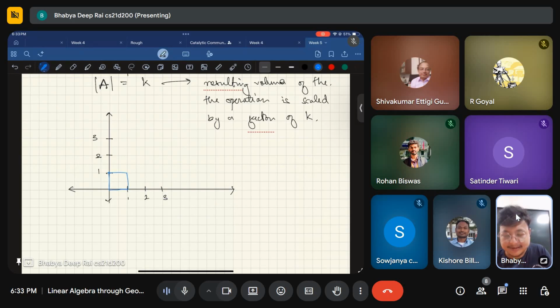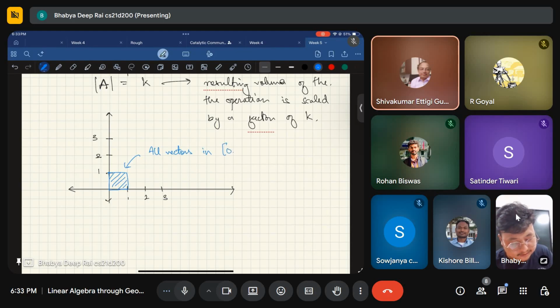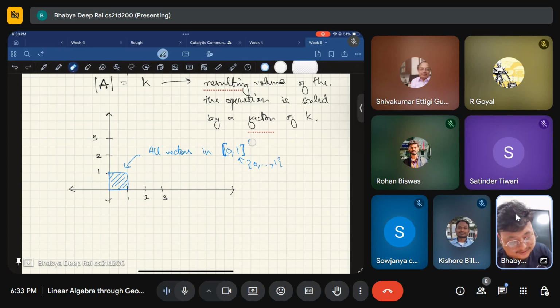Not only is it this, it is everything inside. So all vectors in [0,1] squared. Now observe these square brackets. These square brackets mean all reals between 0 and 1. So not cube here, here it's square. So all vectors in this. So this is a unit square.